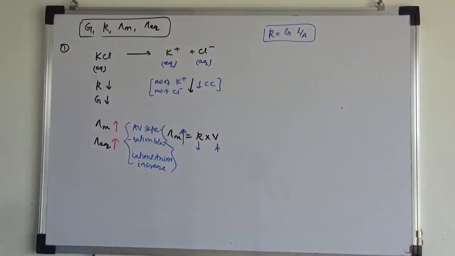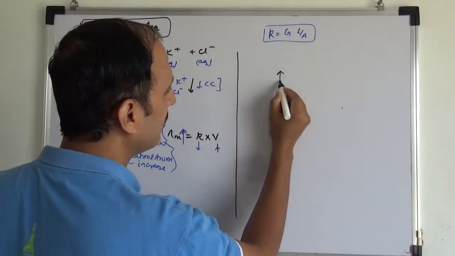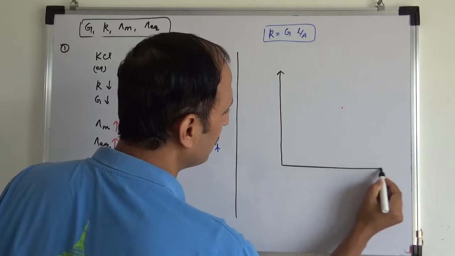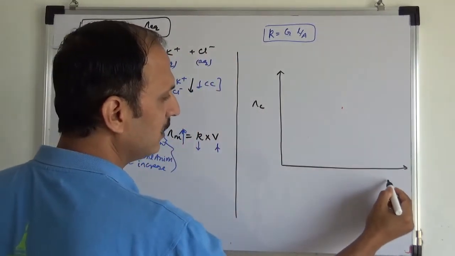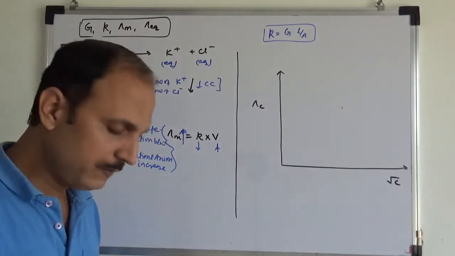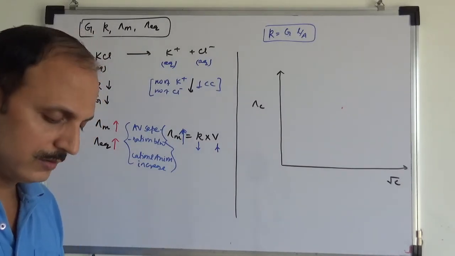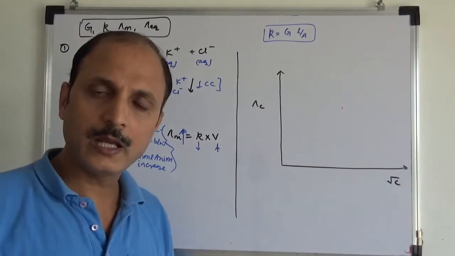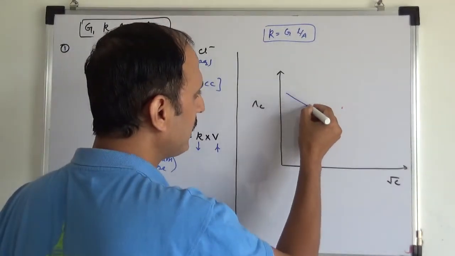Here, one equation has been developed by the scientists Debye, Huckel and Onsager. They have proved it experimentally: the graph of molar conductivity with square root of concentration follows a straight line for a smaller concentration, meaning dilution is more.